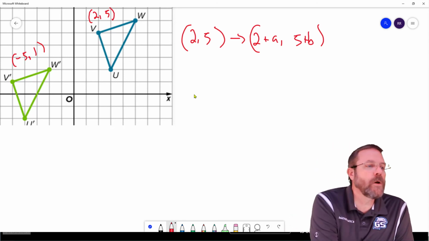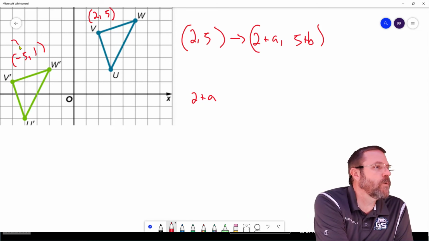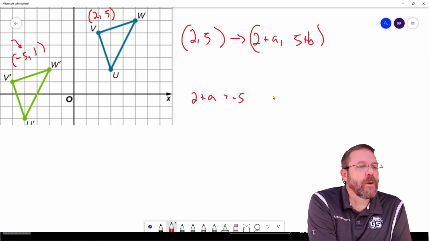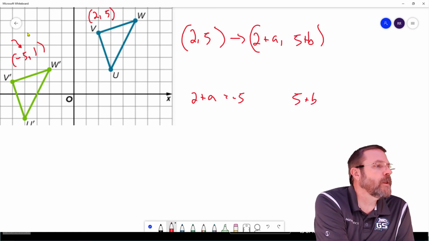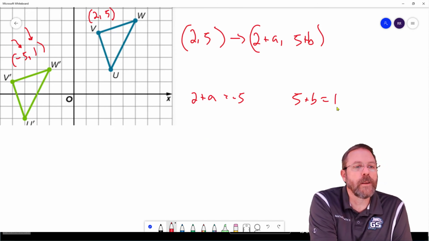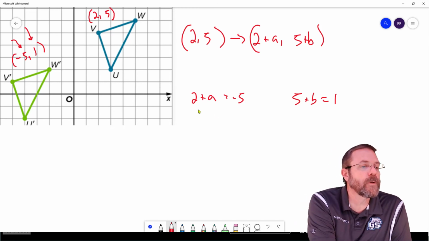Well, what do we know? We know that 2 plus A is going to equal, what's the x value? Right there, negative 5. We also know that 5 plus B is going to equal, what's the new y value? 1. And now it's a simple one-step equation, or two simple one-step equations.